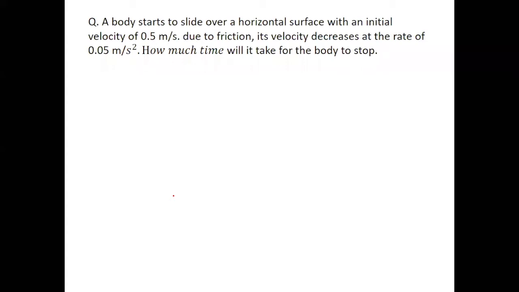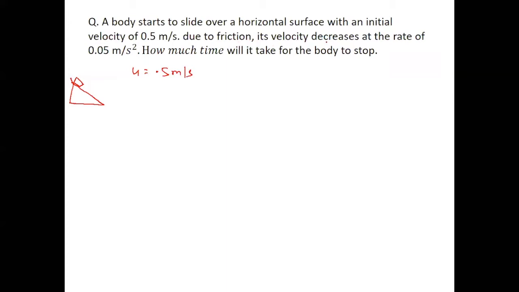We are using the same formula and you give the answer. A body starts to slide over a horizontal surface with an initial velocity of 0.5 meter per second.